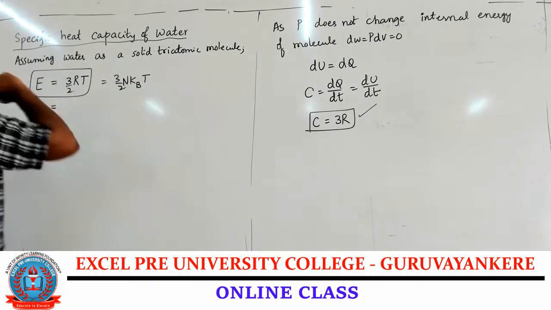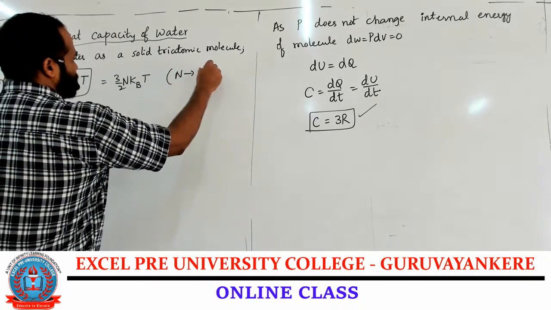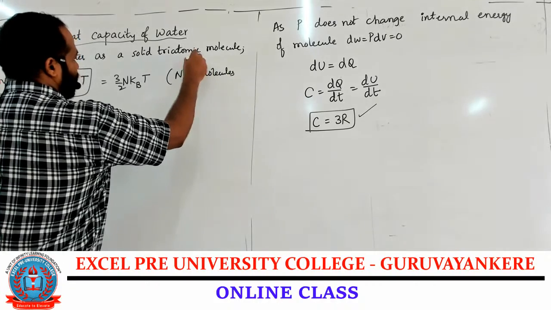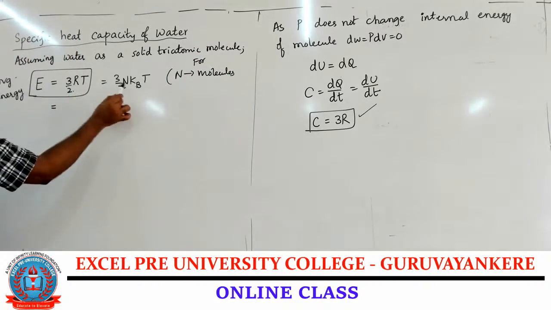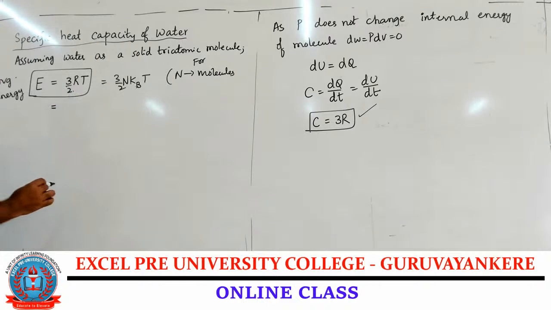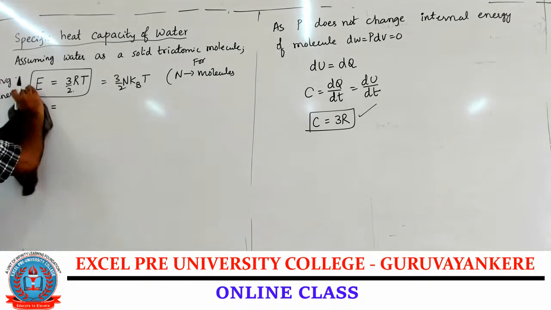There are n such molecules. For n molecules, n kB is R. This is the average energy for n molecules.